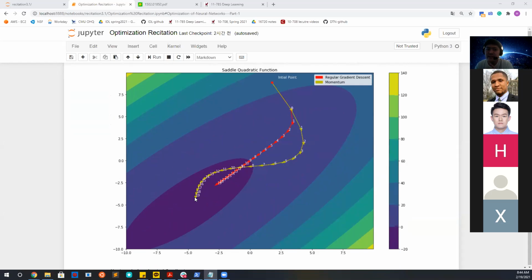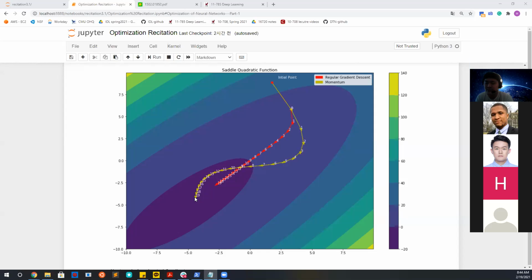But the reason it has to be reactive in nature is because it doesn't know that it's oscillating until the gradient direction changes. So you have to oscillate first to decrease the step size and make a modification.